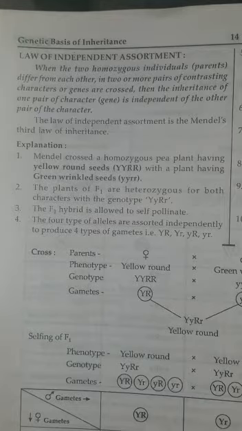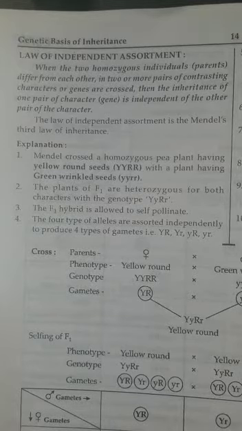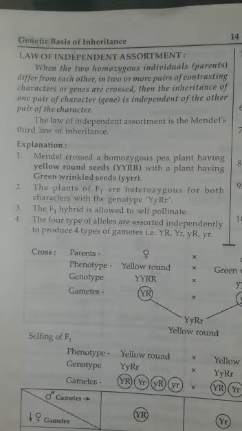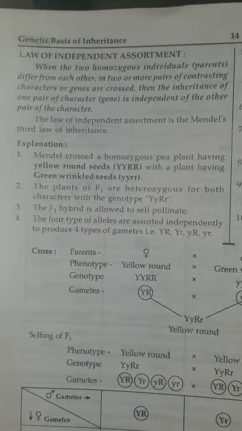The law of independent assortment is based on the dihybrid cross, because in this law parents having two or more pairs of contrasting characters are crossed, and the inheritance of one pair of characters is independent of the other pair in the F2 generation.